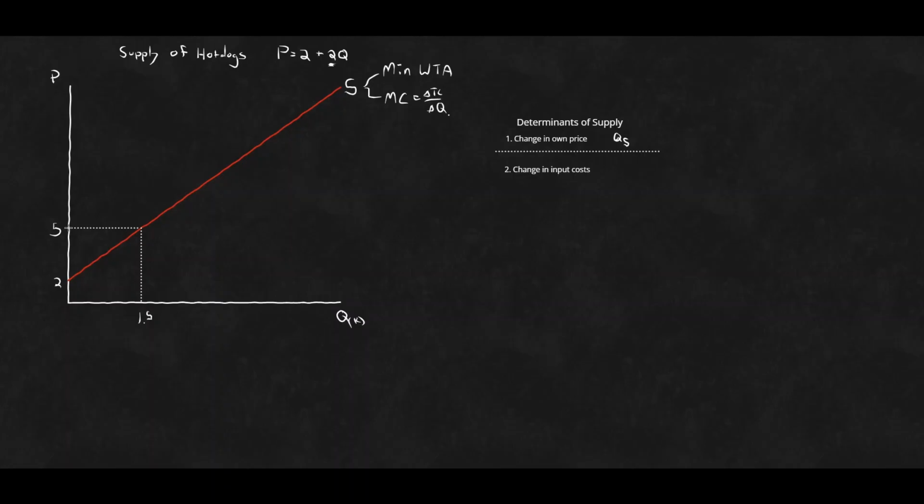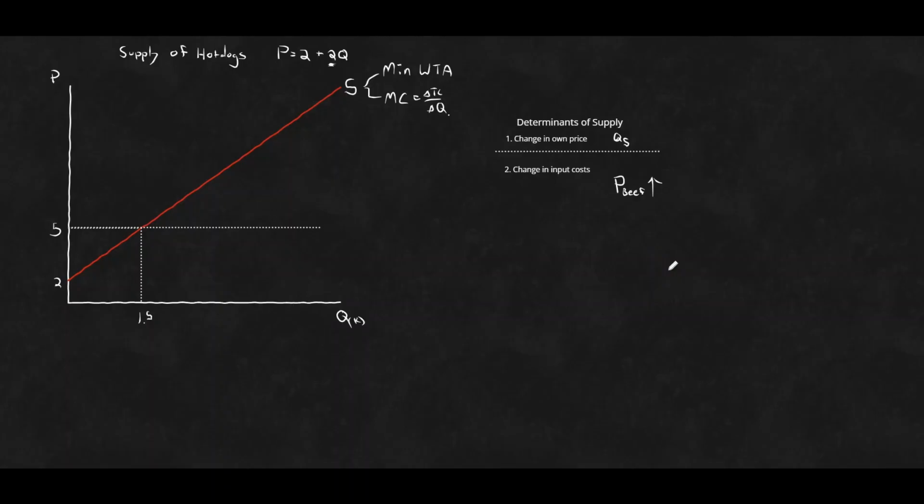So that is, the price of hot dogs is fixed at $5. Let's suppose that the price of beef, which is an input into making beef hot dogs, goes up. What happens to our costs? What happens to our ability to produce hot dogs at this fixed price level?